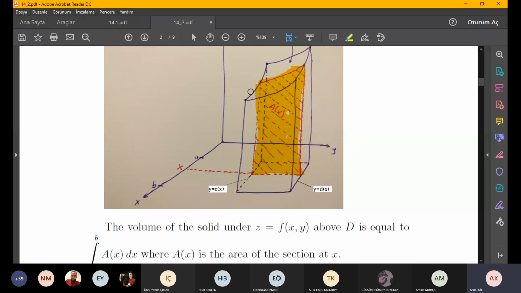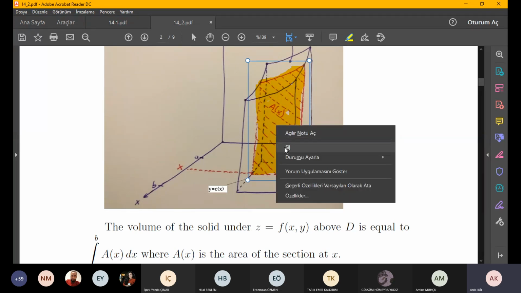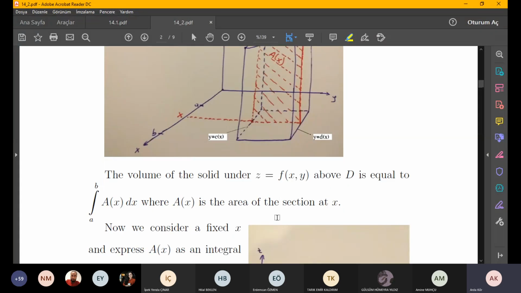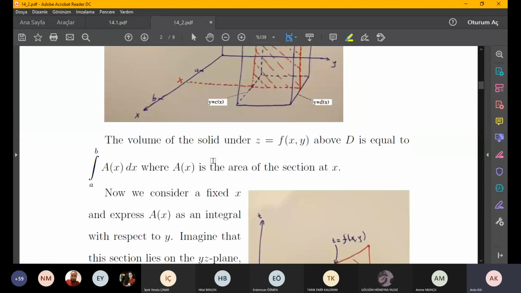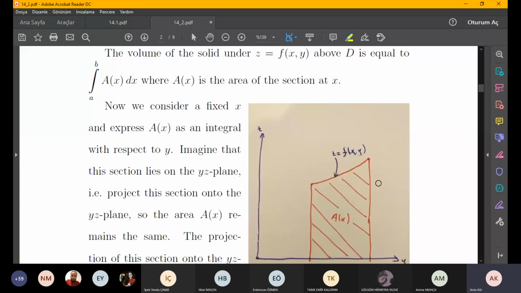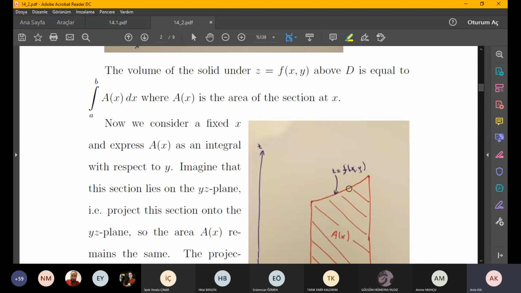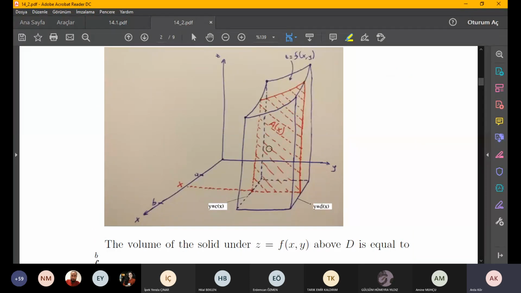And now we will consider a fixed point x and express that A(x) that we have here. If you try to see that A(x) on the yz plane, then it will be like that, right? You can sketch it on the yz plane like that.